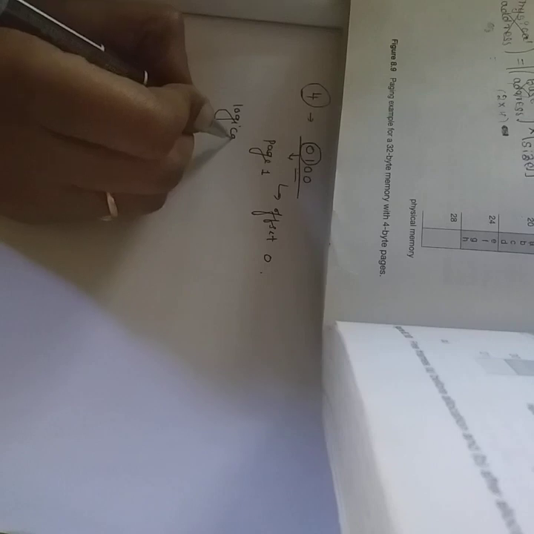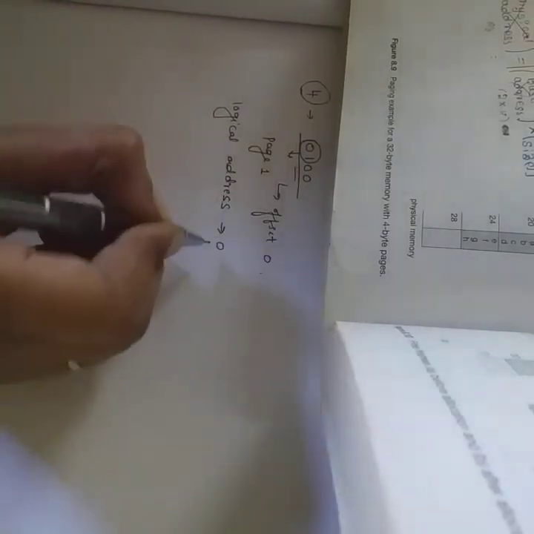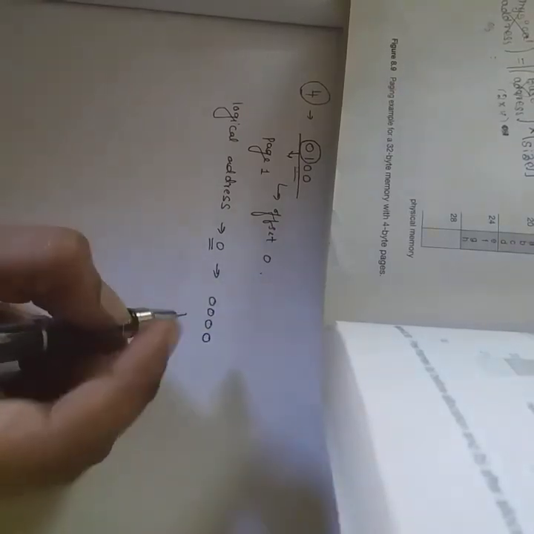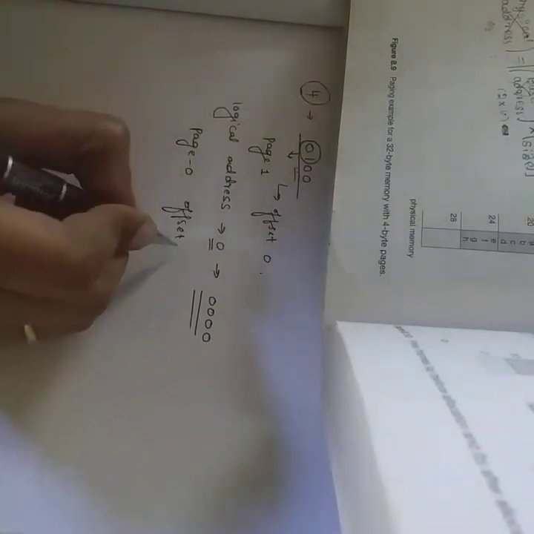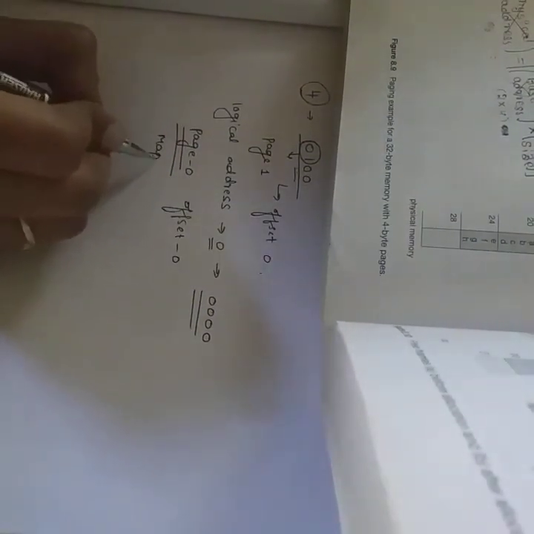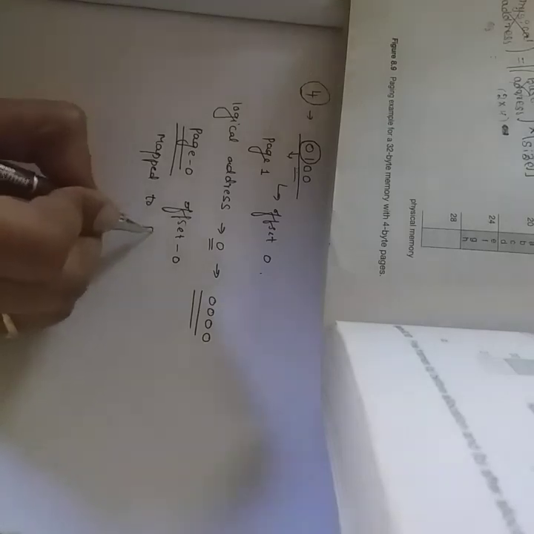If the logical address is 0, this is represented in binary as 0 0 0 0, right? So it is nothing but page 0 and offset 0. Page 0 is mapped to frame 5.